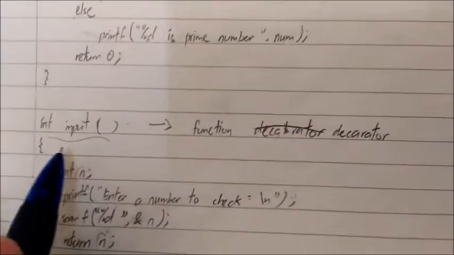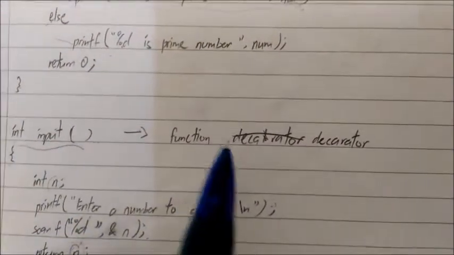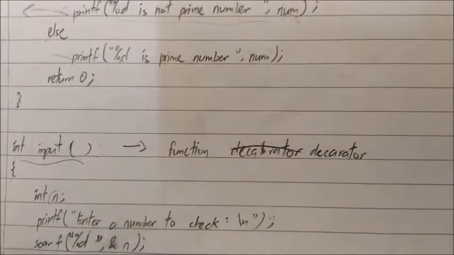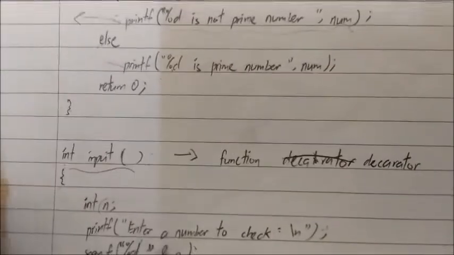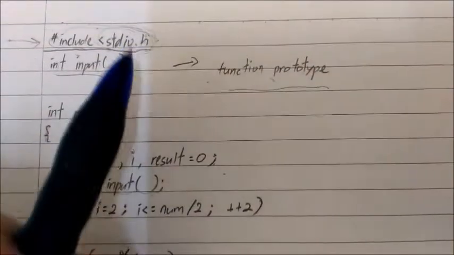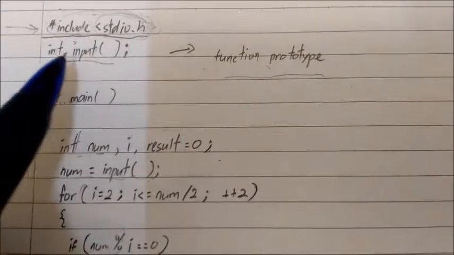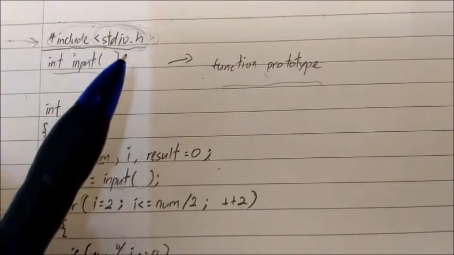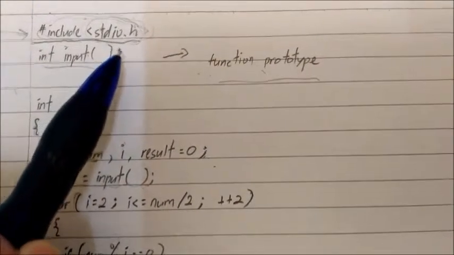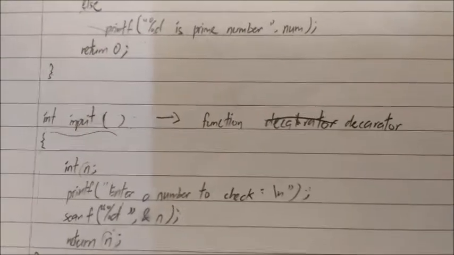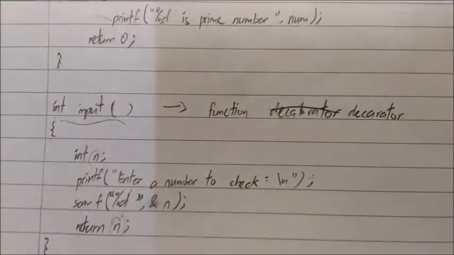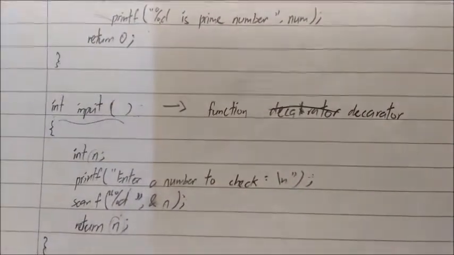And this is the function declarator. The function declarator follows the function prototype here. It must be the same, but the function declarator does not need a semicolon. It does not put the semicolon.